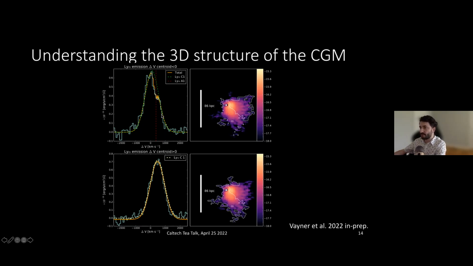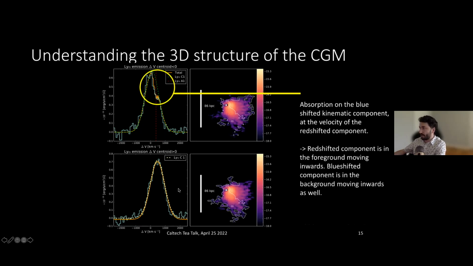What's interesting about this absorption component is that it almost exactly matches the velocity of the redshifted kinematic component in this particular system. So that gives us a bit of a clue of what the 3D structure might be and what's located in front of what. So the absorption is on the blueshifted kinematic component, and it's at almost exact same velocity as the redshifted component.